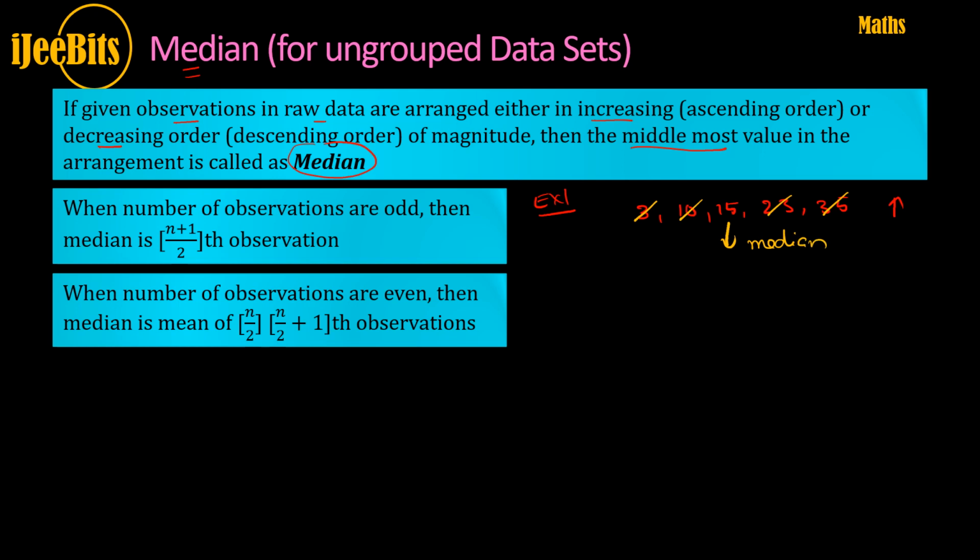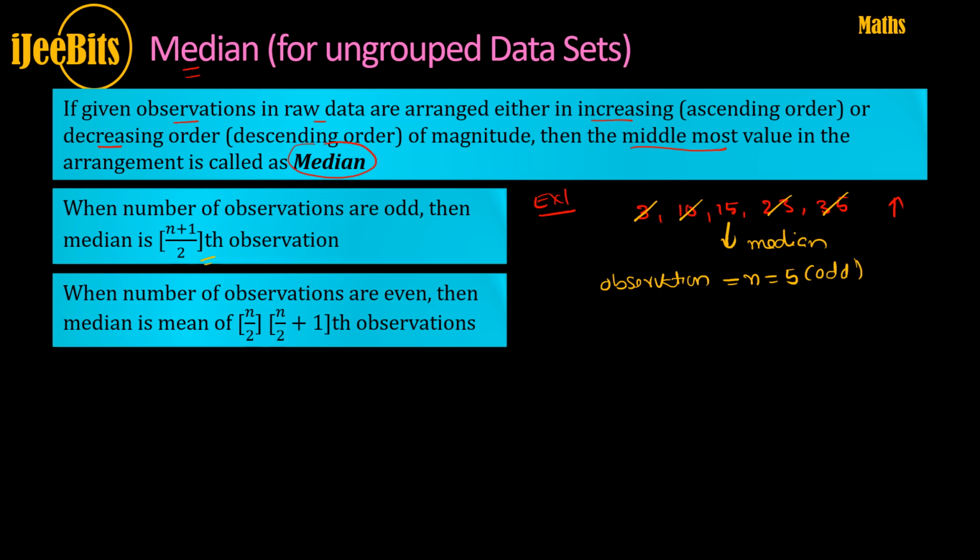But an interesting observation is, how many observations are given? 1, 2, 3, 4, 5. So the number of observations n equals 5. This is an odd number, right? And hence the median is given by (n plus 1) by 2.